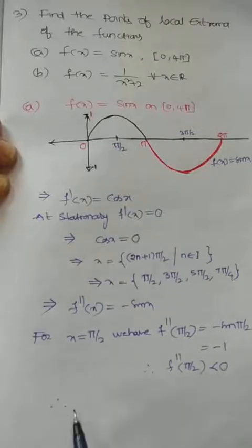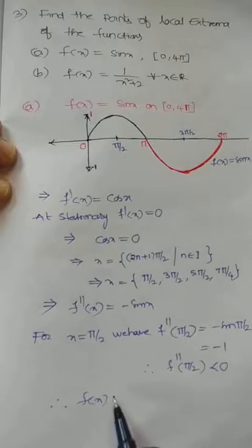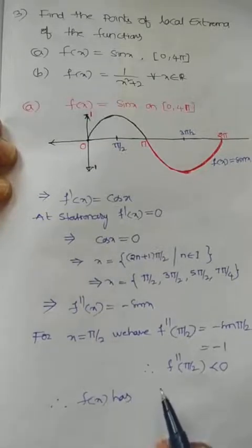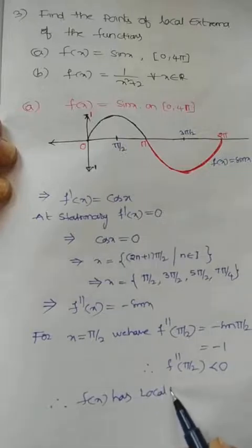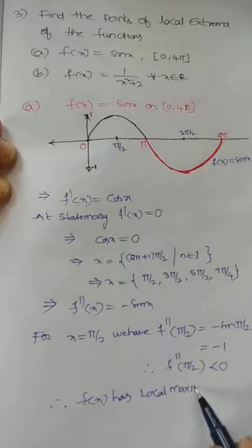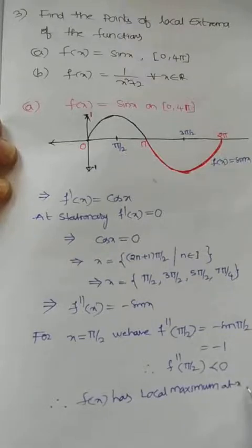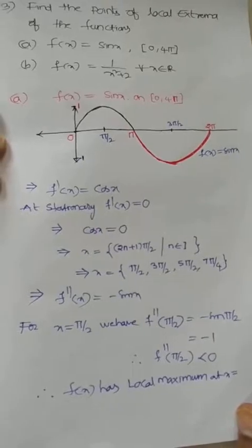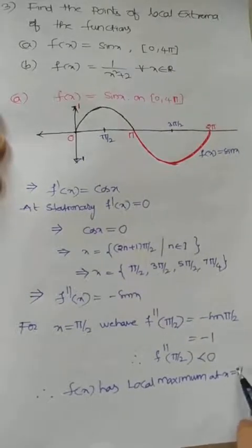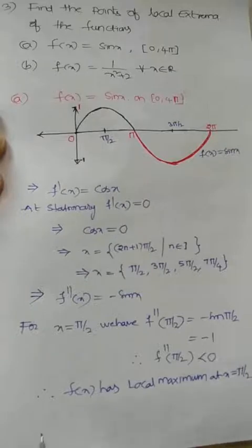Therefore f of x has a local maximum at x equals pi by 2.